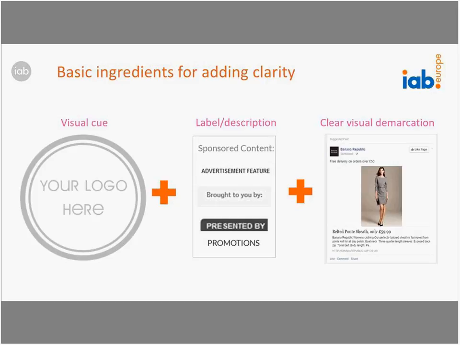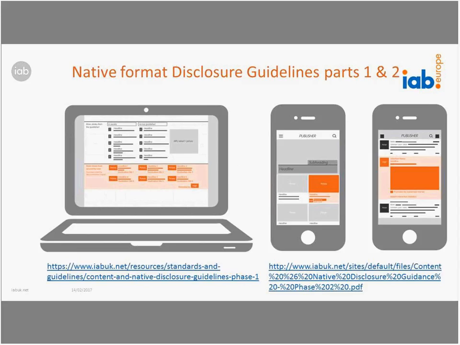Plus, particularly in feed units, a clear visual demarcation through lines and background shading and so forth. Again, that research is available to download from the IAB website, together with our guidance products, which we have set and continually update. The native format disclosure guidelines, one, deal with the native distribution ad units, and two, deal with advertiser-publisher partnerships, which are slightly more complex.